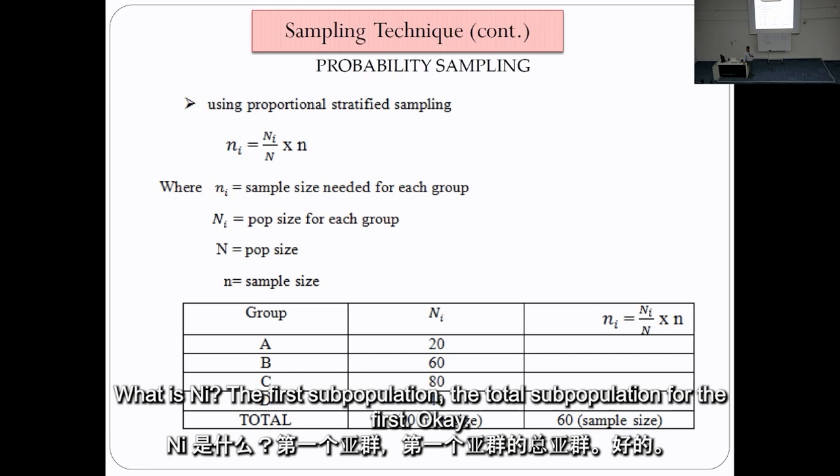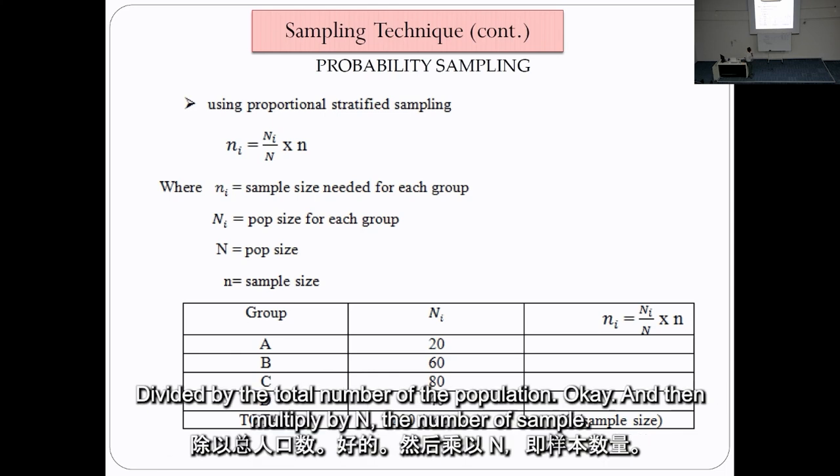The total subpopulation for the first, divided by the total number of the population, and then multiply by n, the number of sample.